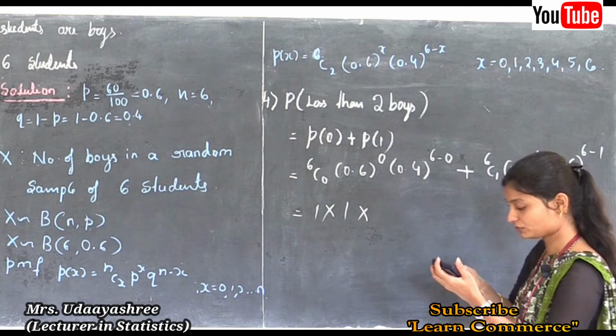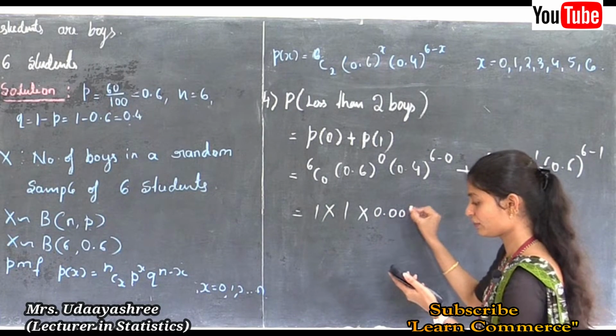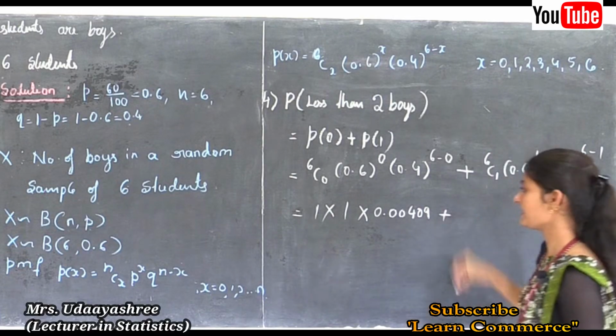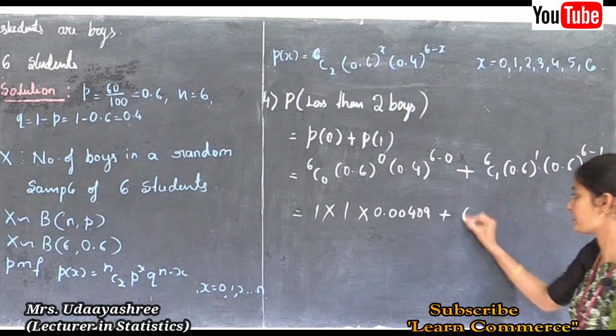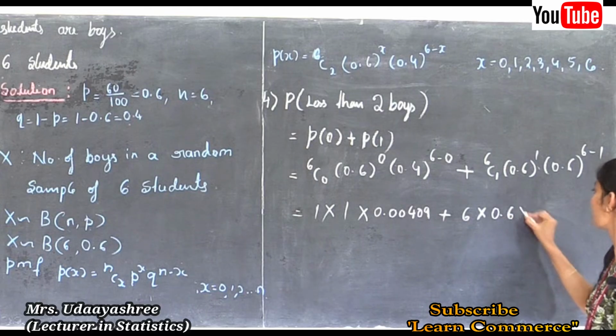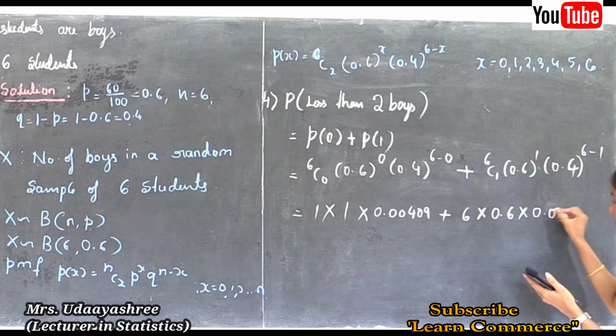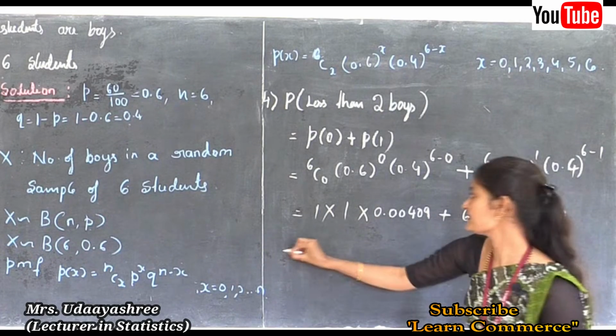So, 0.4 to the power 6, that is 0.00409 plus here 6C1, that is 6 into 0.6 to the power 1, that is 0.6 into 0.4 to the power 6 minus 1, here 6 minus 1 is 5. So, 0.4 to the power 5, that is 0.010.